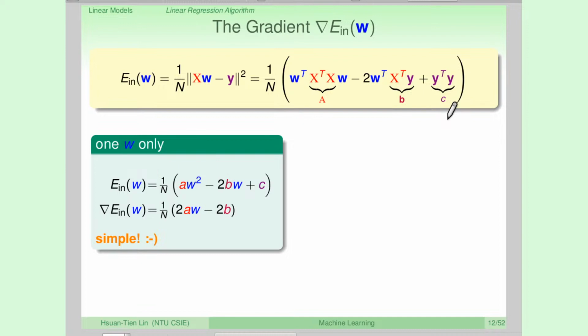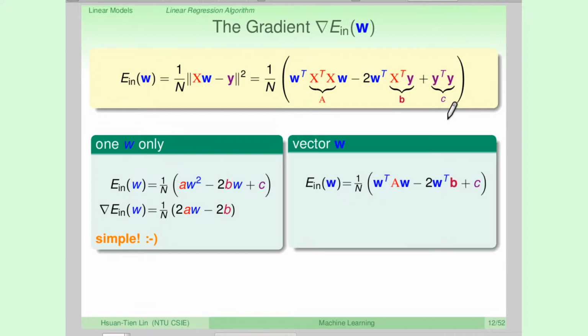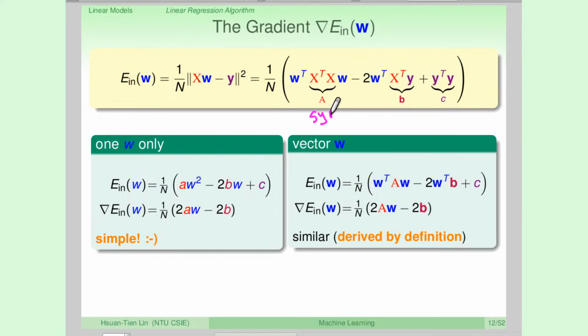That's simple. Now you have a vector W, and the math is similarly simple. We're taking the fact that A is a symmetric matrix, and the gradient has a similar form compared to the one-variable case. You can do the actual math by definition, like what you do in your homework 0. But for now, we'll just take this result.